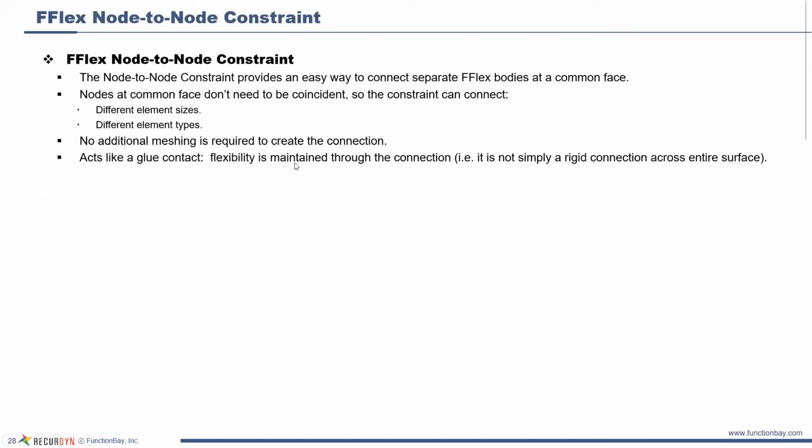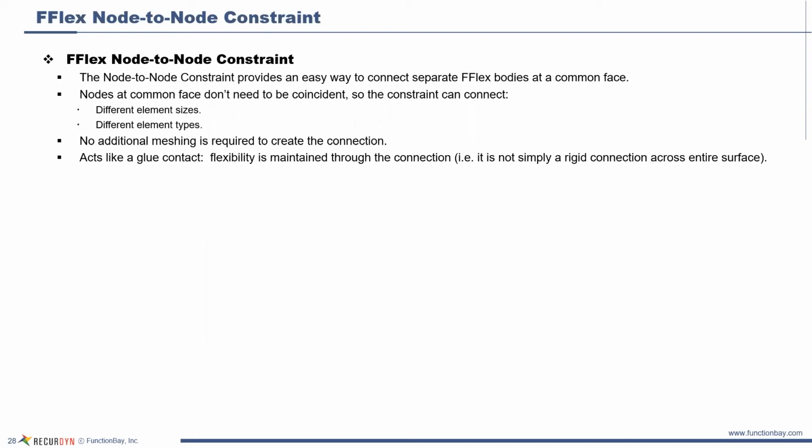The next enhancement is the RFlex node-to-node constraint. This is an easy way to connect two separate meshes at a common face. If you have two RFlex bodies that you've meshed separately, and they meet at a common face, you can easily create this constraint without the meshes having to match up at that face.